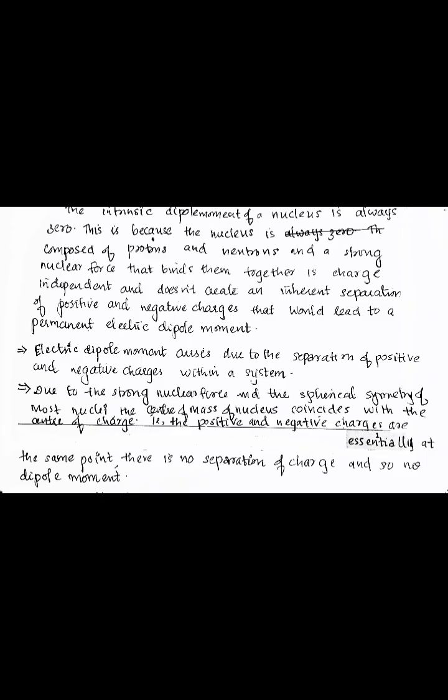The electric dipole moment arises due to the separation of positive and negative charges within the system. Due to this nuclear force and the spherical symmetry of most nuclei, the center of mass of the nucleus coincides with the center of charge. That is, the positive and negative charges are essentially at the same point. So there is no separation of charge and there is no dipole moment. So the answer is 0.